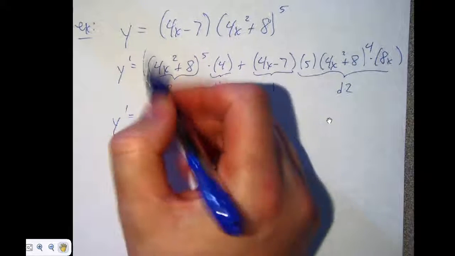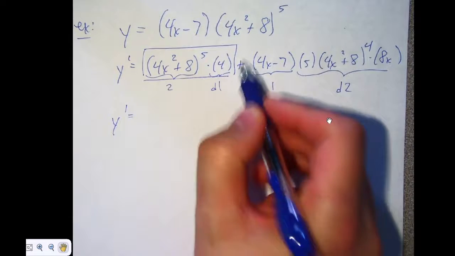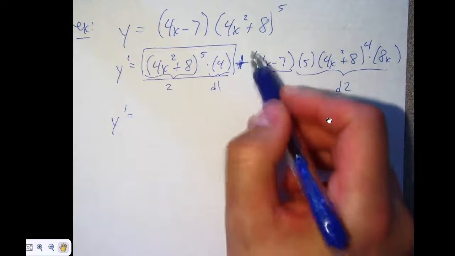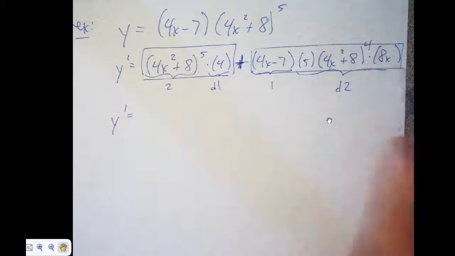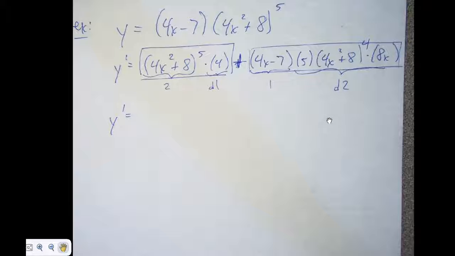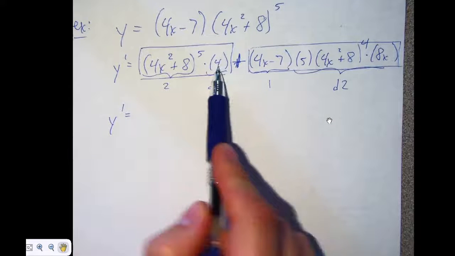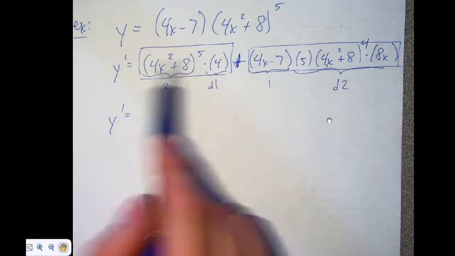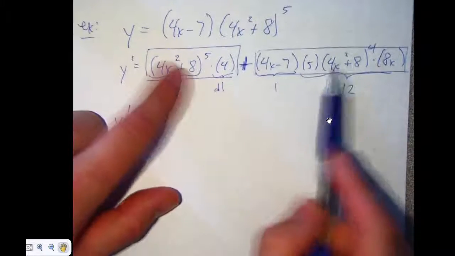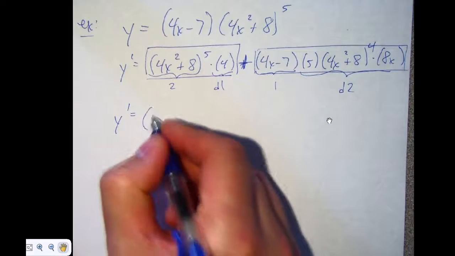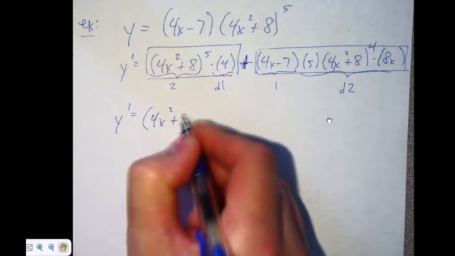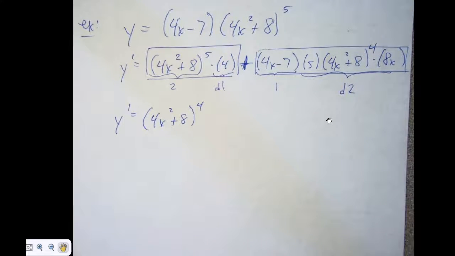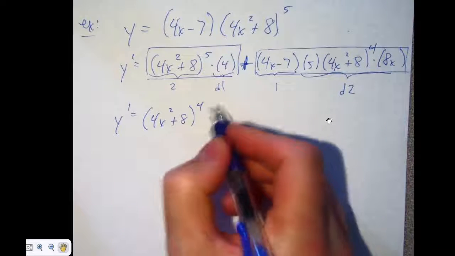So again, I have two terms. This guy over here, and this plus sign is like your divider. And then over here, you're looking for the chunk that you have in common. So I don't really care about the 4. I care about when I have a chunk to a power. So I can take 4 of those, 4x squared plus 8 to the 4s, or 4 chunk plus 8, and pull them out in front.